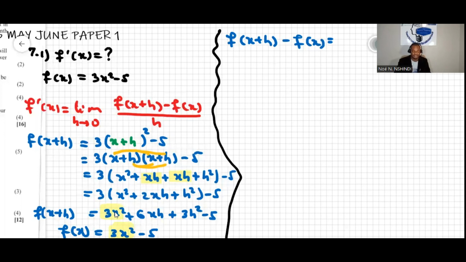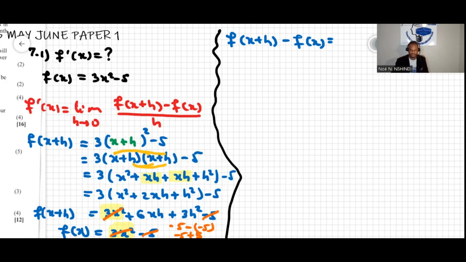We notice that 3x squared and 3x squared will fall, and minus 5 and minus 5 will also fall, because we have minus 5 minus minus 5, which makes 0. The minus here makes plus, so we have minus 5 plus 5, which is 0.